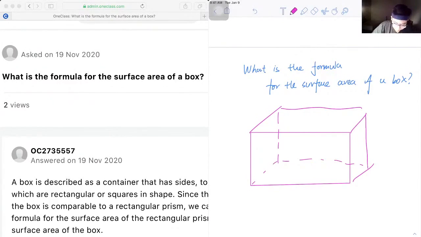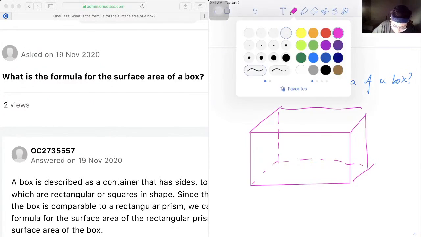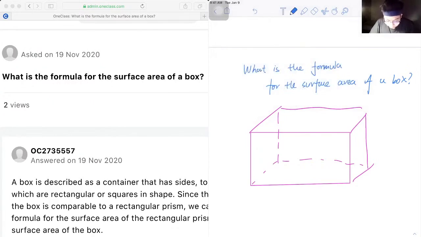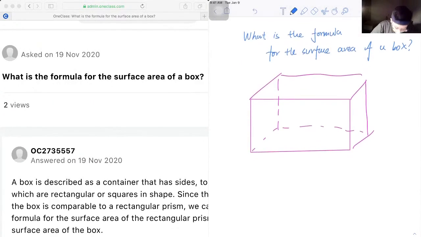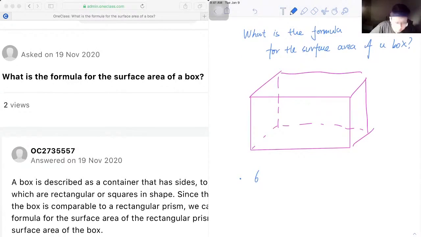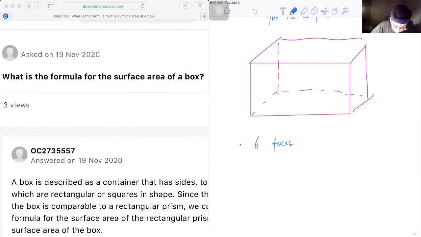Some characteristics of the surface area of a box are that first it has six faces, which includes two sides, top and bottom, and front and back.